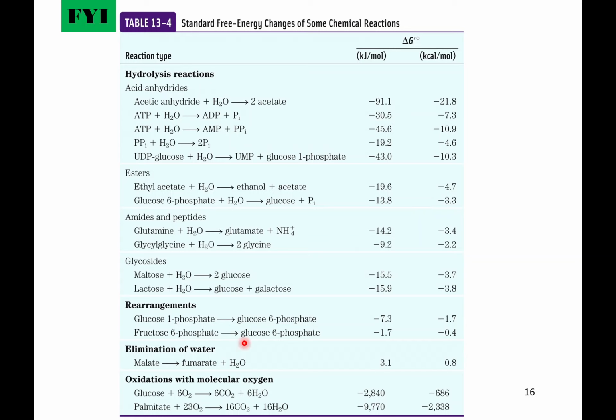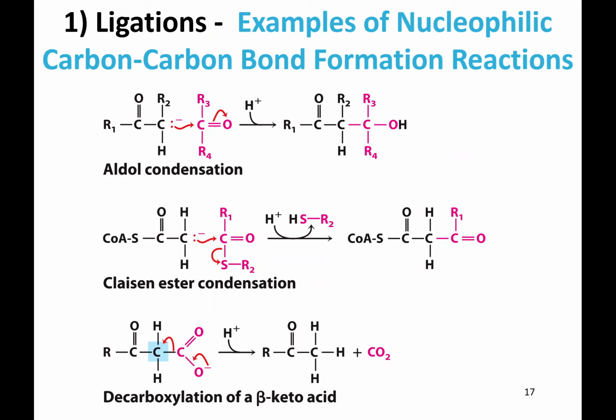Isomerization and rearrangement reactions have delta G values closer to zero. You don't need to memorize any of these. You might need to look in this table to answer homework questions if you need to calculate the delta G of certain reactions. So let's get into the reaction types in a little more detail.